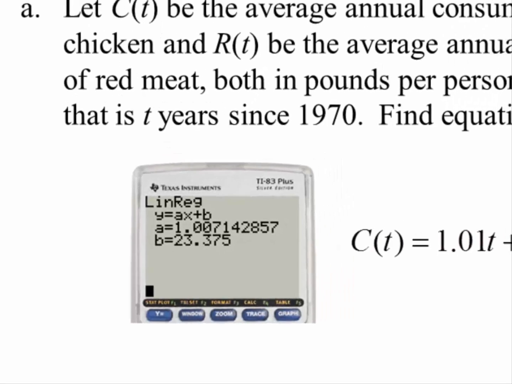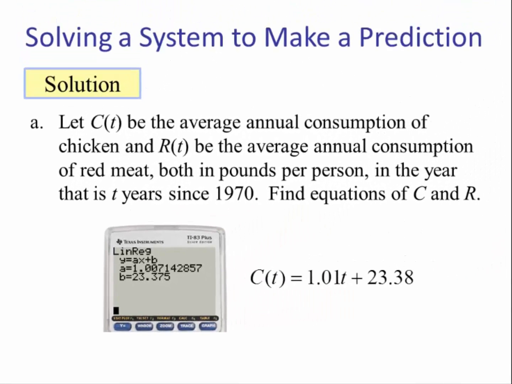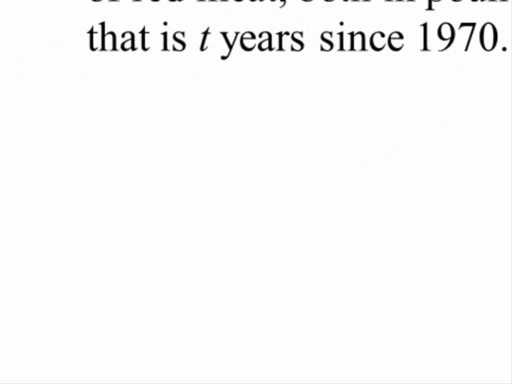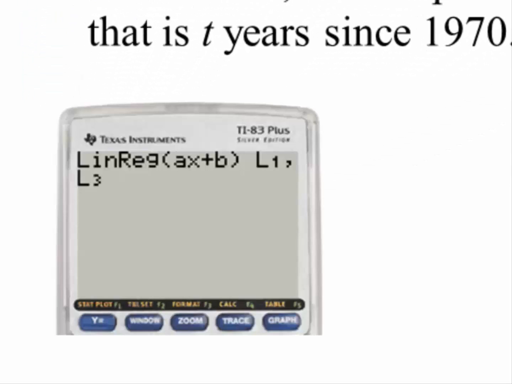If we round this to 2 decimal places, we say C of t equals 1.01t plus 23.38. The equation R of t will be found by hitting Stat, the right arrow, and then Linear Regression. This time we need to hit second number 1 for List 1, comma, second number 3 for List 3, because this is where the red meat data is.